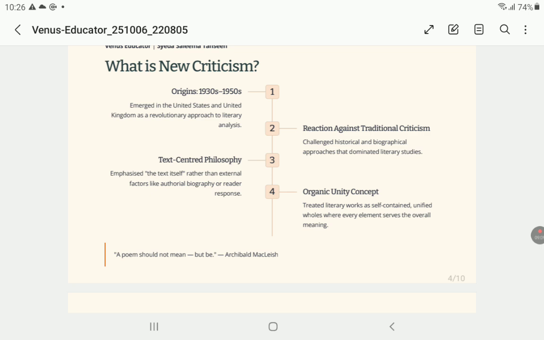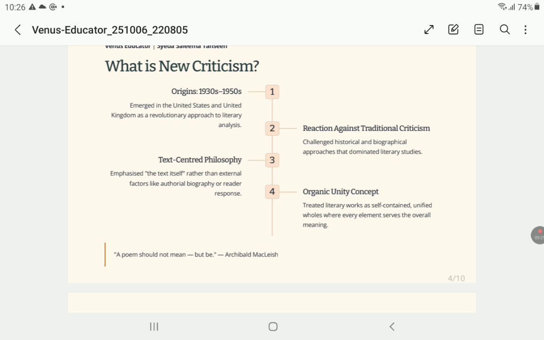The next thing we have is the organic unity concept. It treats literary works as self-contained, unified wholes where every element serves the overall meaning. This is what new criticism is.